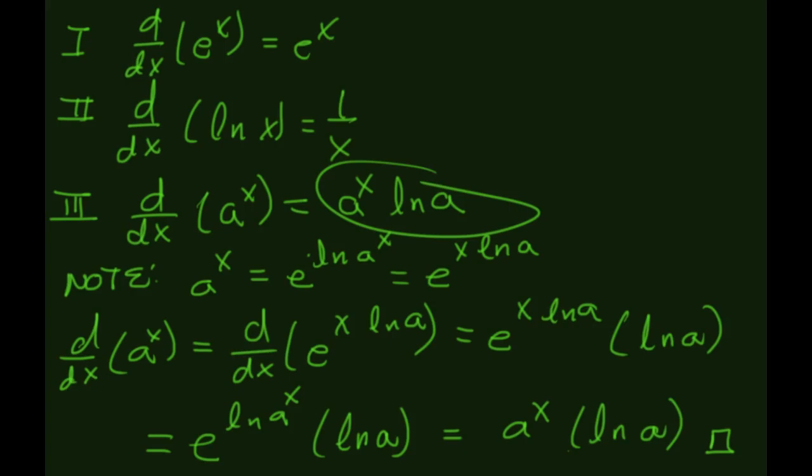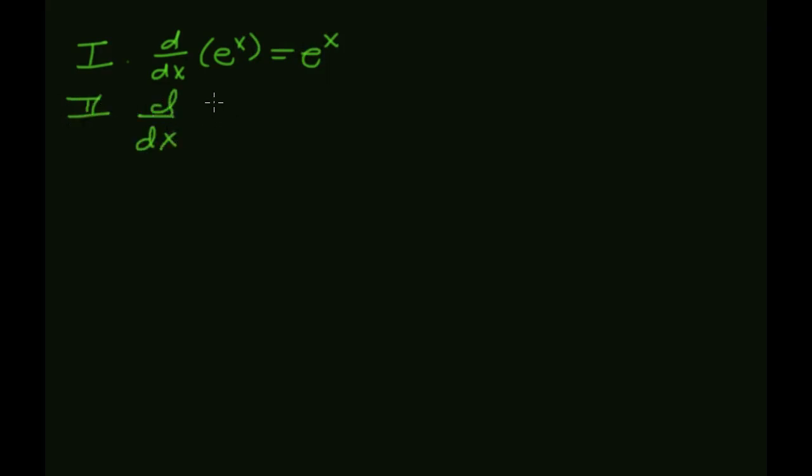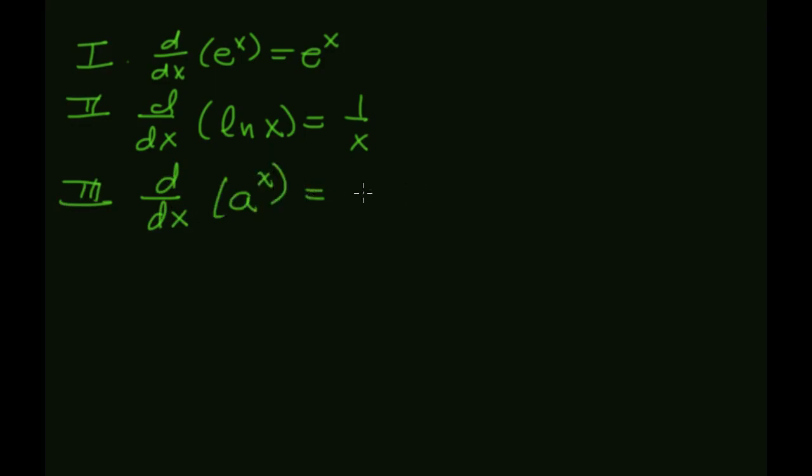Okay, so let's recap our list one more time. We now have 3. Number 1, the derivative with respect to x of e to the x is e to the x. Number 2, the derivative with respect to x of the natural log of x is 1 over x. Number 3, the general exponential, some constant to the x, is just a to the x times the natural log of a.